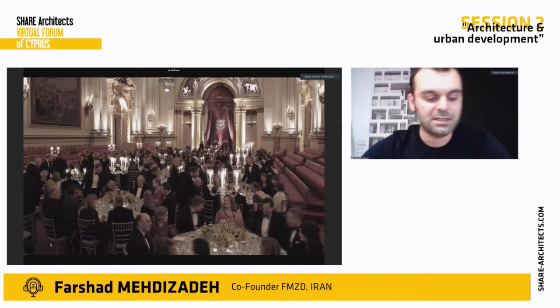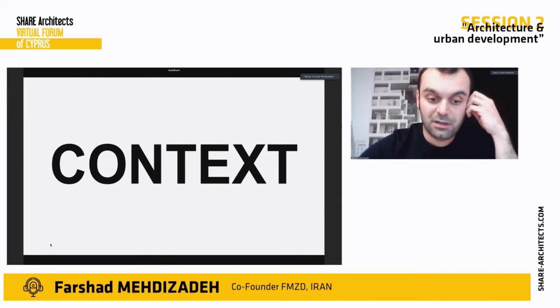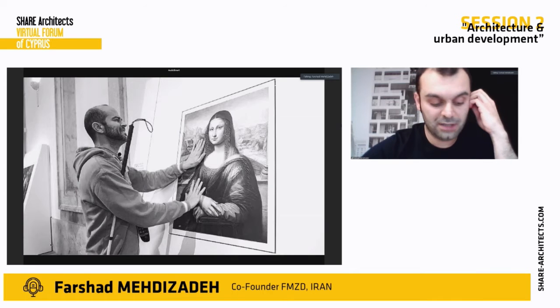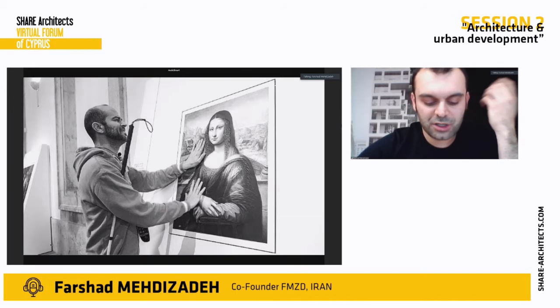So somewhere is about the quality and somewhere is about the quantity. So we need to evaluate each structure and each structural system by its own context. Sometimes when we want to talk about the structure, we say, okay, this is beautiful.